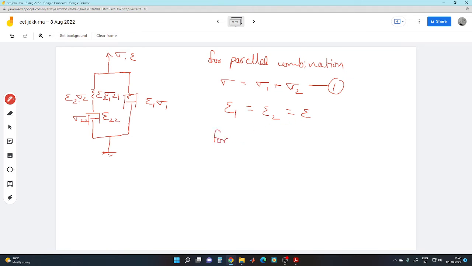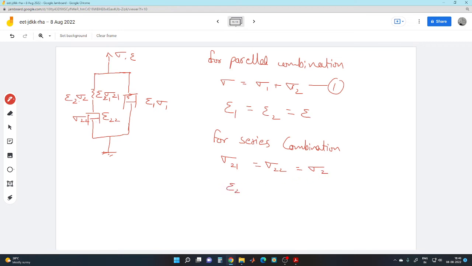And for the series combination, the forces are equal in the branch, so are the stresses. So sigma 2 1 is equal to sigma 2 2, which is by the way equal to sigma 2.